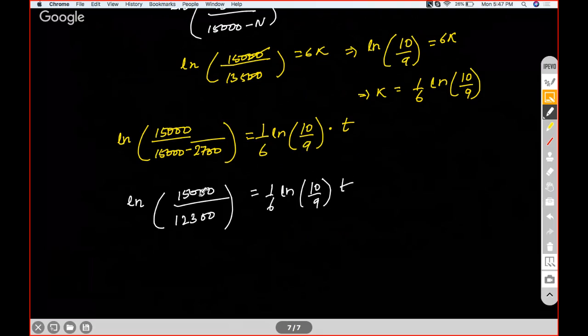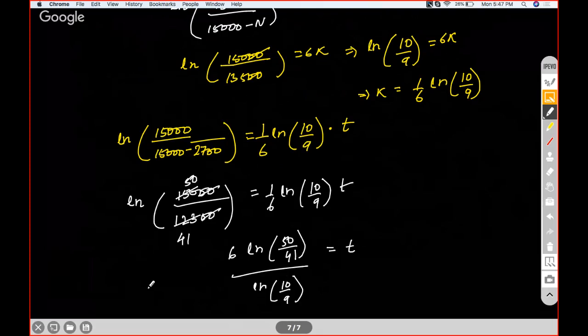But what we can do is you can just cancel off this. 5, 6, you can go by a factor of 3, 41. So your answer will be 6 times ln 50 by 41 by ln 10 by 9. Can you calculate this, t?